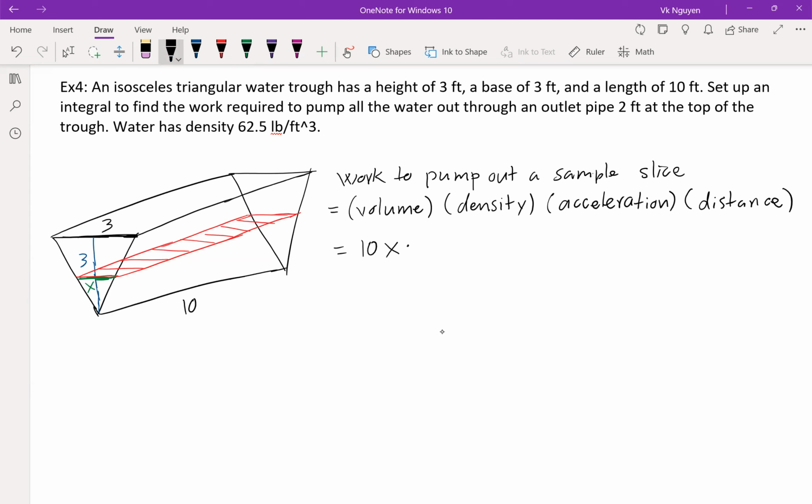For the thickness, we can use the y-axis. So this would be the y-axis right here, going from 0 up to the top. Thickness is dy.